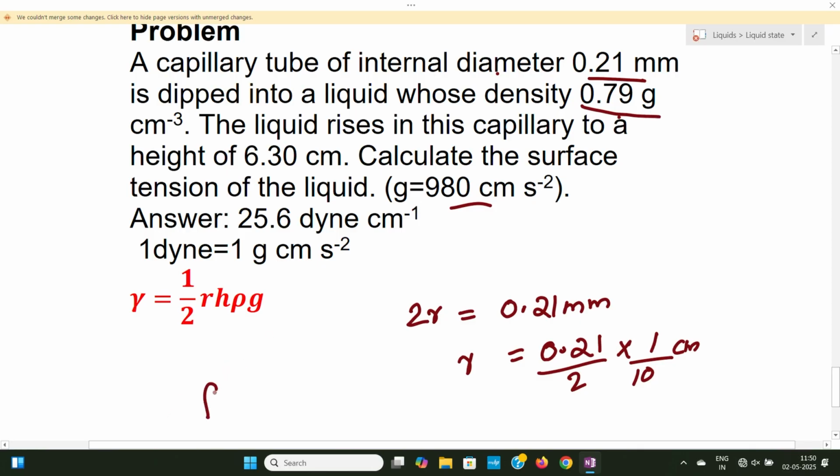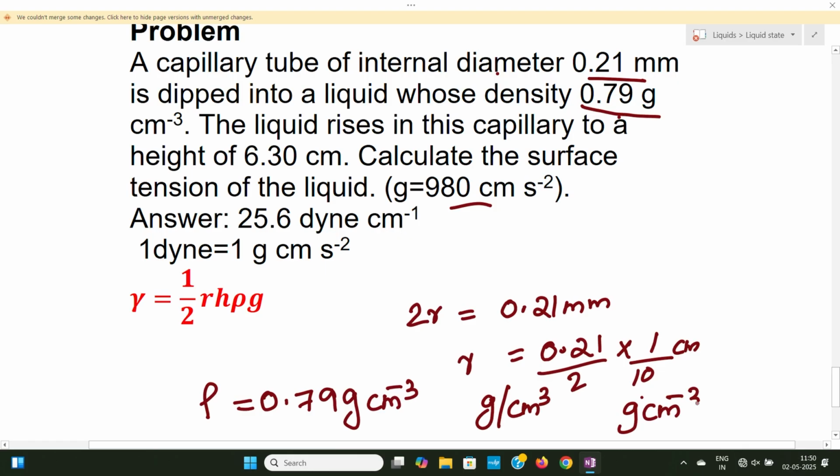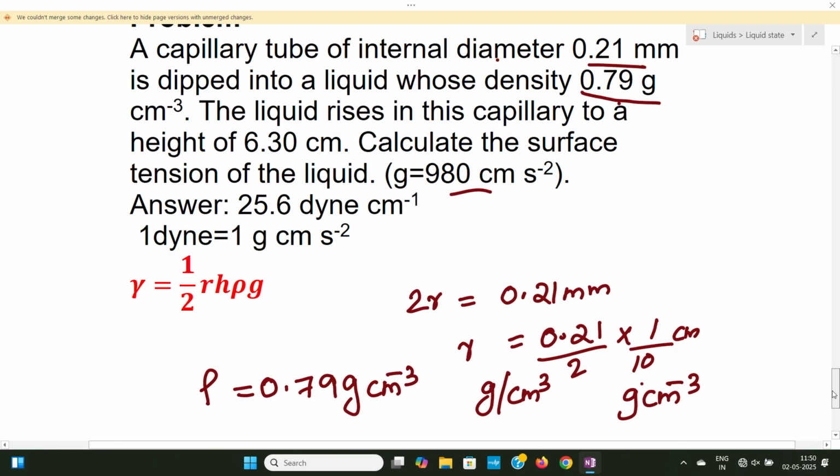So, density rho is given, that is 0.79 gram per centimeter cube. I hope you know that we can write it as gram per centimeter cube like this, and we can write it like this also. See, this is the density.